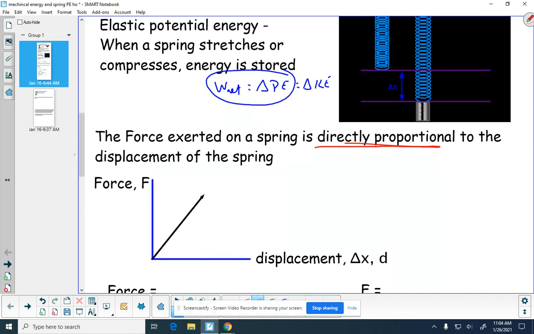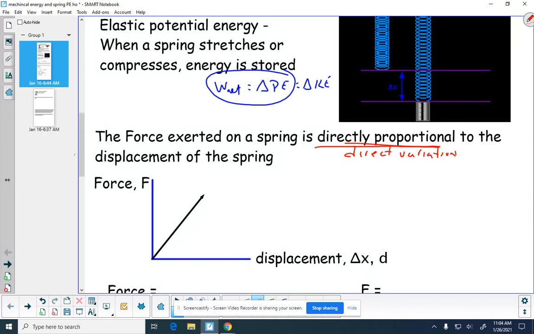If we're directly proportional, this is also a direct variation from your trig days.